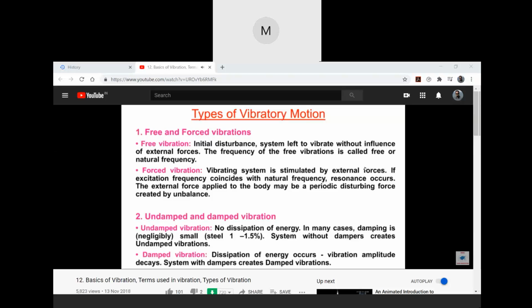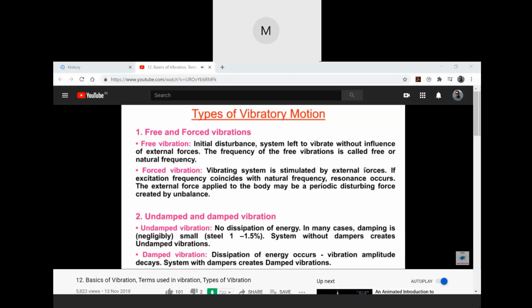What is damped vibration? When there is a reduction in amplitude of vibration over every cycle, the motion is said to be damped vibration. Dissipation of energy occurs there. That is, resistance to vibration occurs there, that is, reduction in amplitude occurs there.